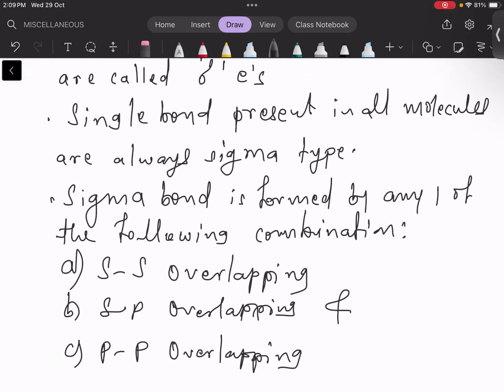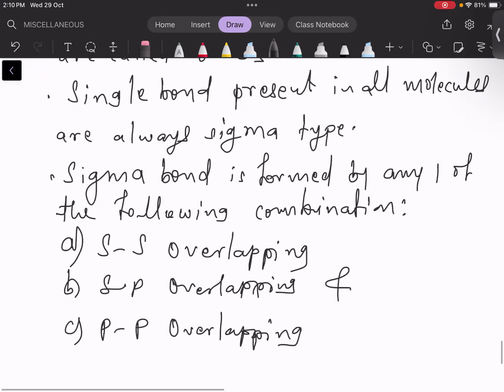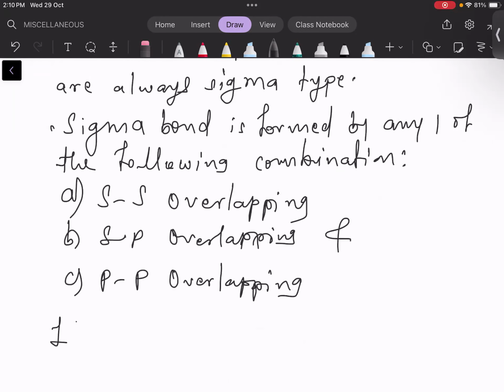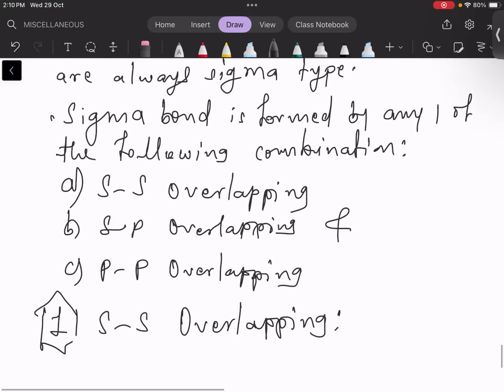Now we'll begin with first, SS overlapping.